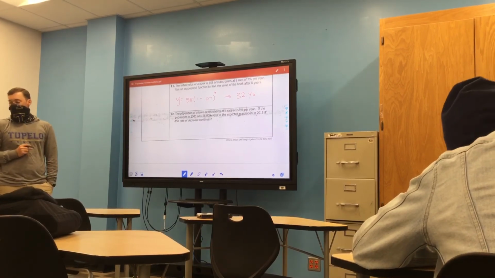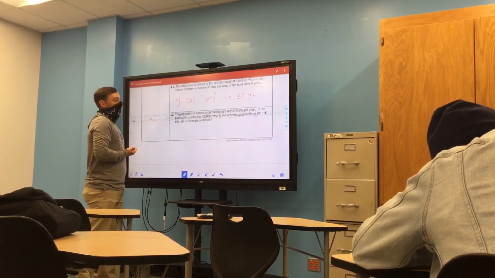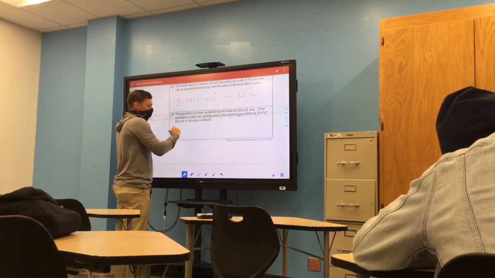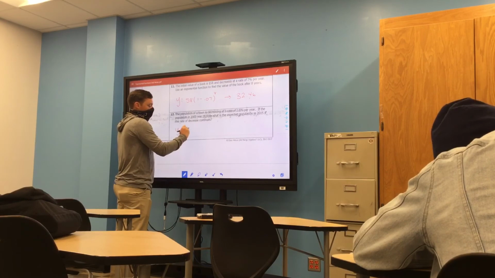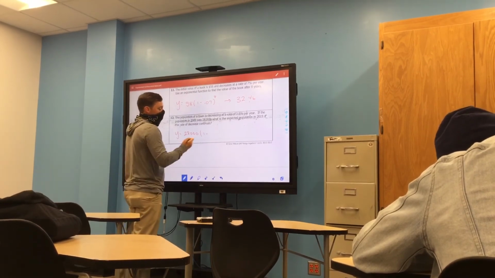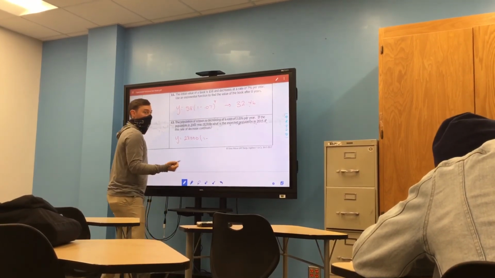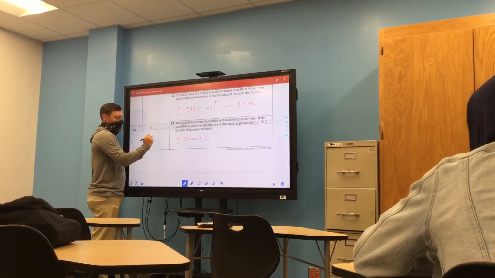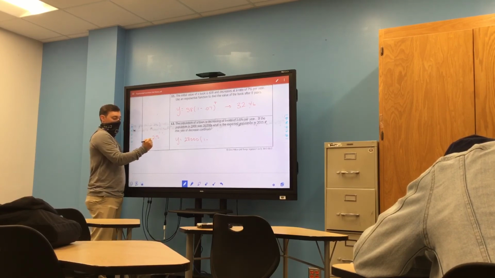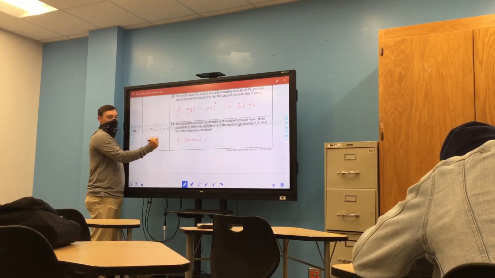The population of a town is decreasing at a rate of 2.5% per year. The population in 2000 was 2,800. The 2,800 is the initial amount. 2,800 times 1 minus what? 2.5%. Everybody look here: you move the decimal left 2 spots, and you have 0.025.